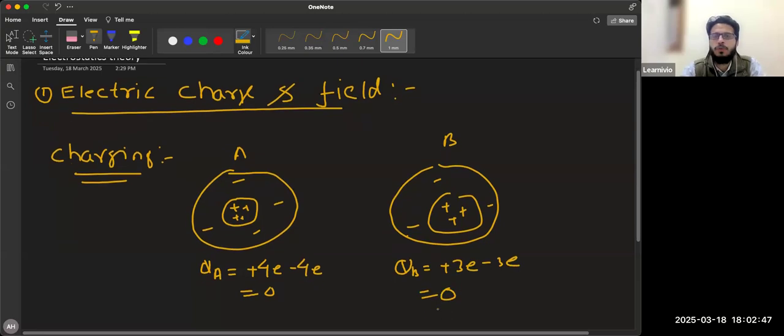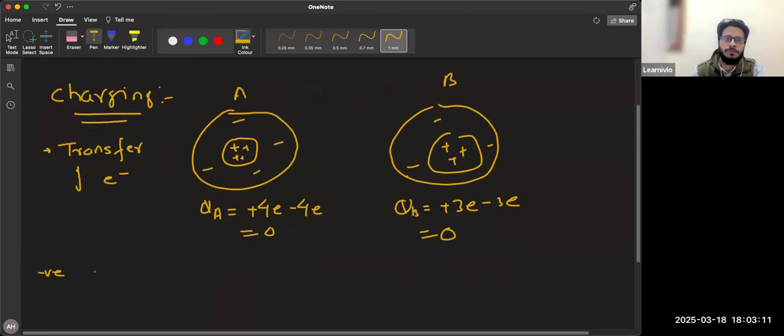Now, if I ask you to charge atom A and atom B, what will you do? How will you charge a body? By adding or losing electrons. We can charge a body by transfer of electrons. The body which becomes negatively charged, will it lose electrons or gain electrons? Gain electrons.